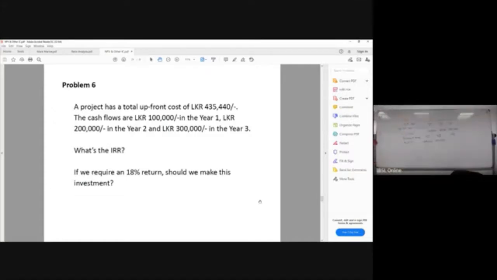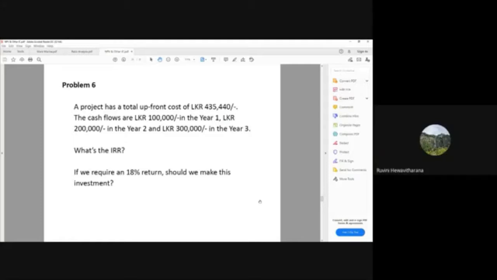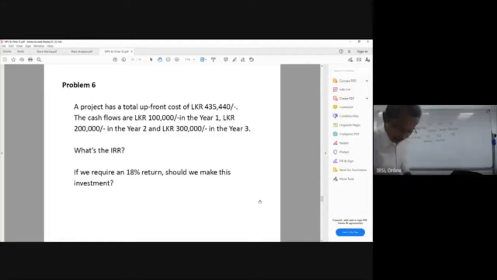All right. Now calculate. To calculate, multiply the discount factor for year 1 by 100,000. The discount factor for year 2, multiply 200,000. Discount factor for year 3, multiply 300,000. And deduct 435,440. 46,152. 46,000, right?